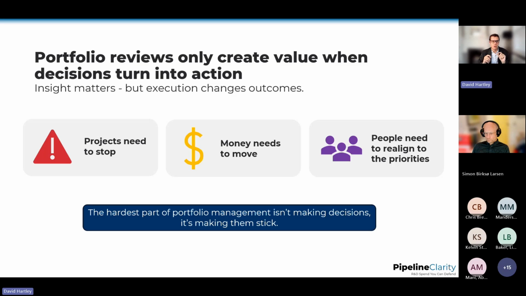So doing the hard work of taking the actions after these decisions are made. Hopefully that's given you a bit of background in terms of how we think about portfolio reviews, what portfolio review maturity looks like, and how organizations are moving up that maturity ladder.